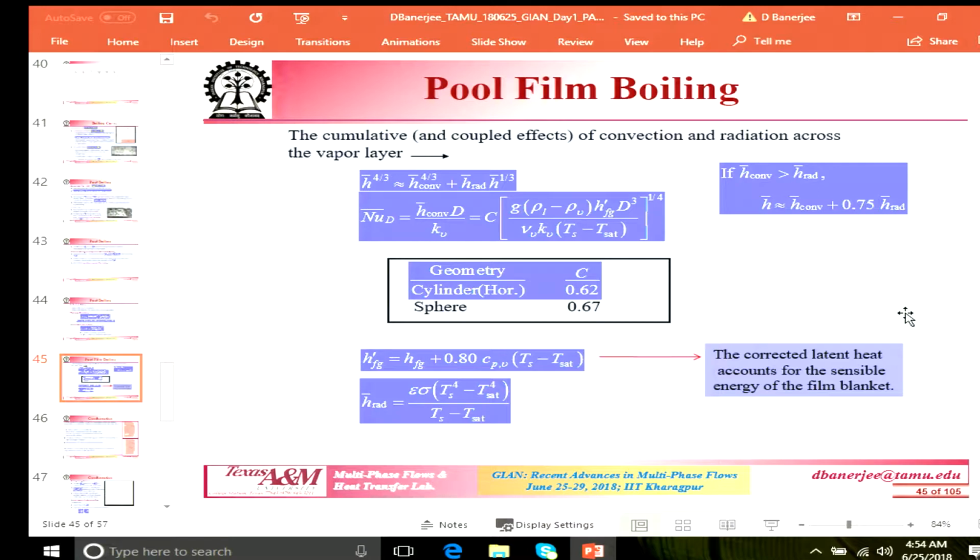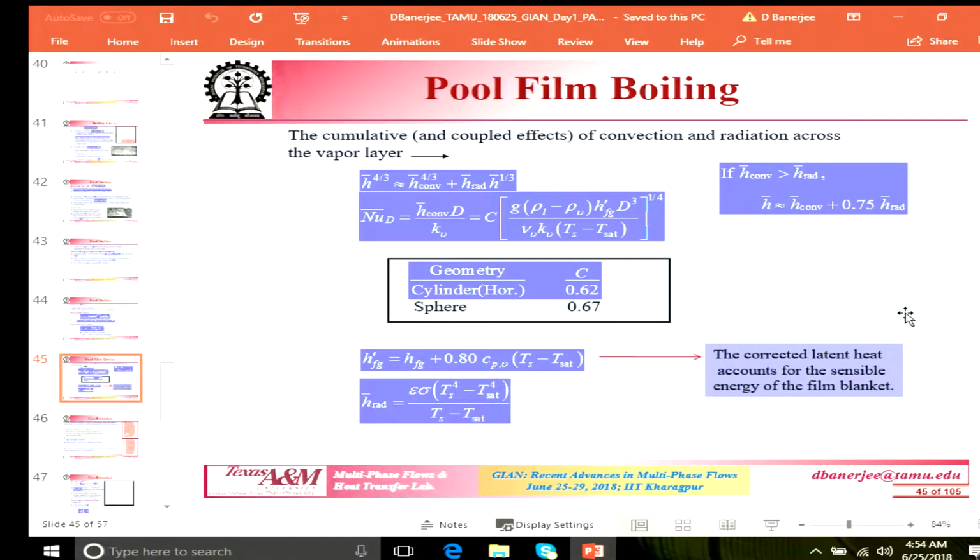So anyways, when it comes to film boiling, radiation also becomes an important parameter, because in any natural convection system not involving boiling, typically if you look at the total heat transfer, about half of it comes from natural convection and half of it comes from radiation. So, in a natural convection environment, you cannot neglect the contribution of radiation, they are almost of the same order.